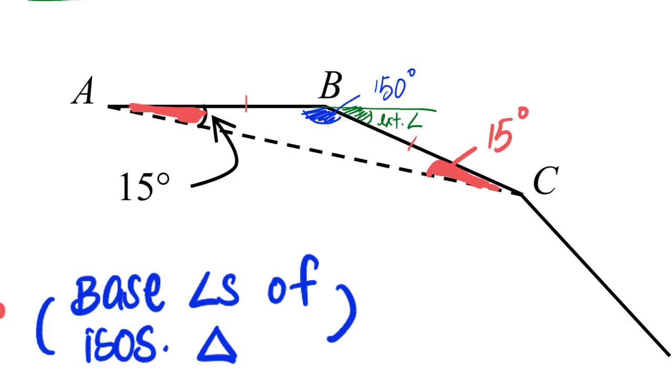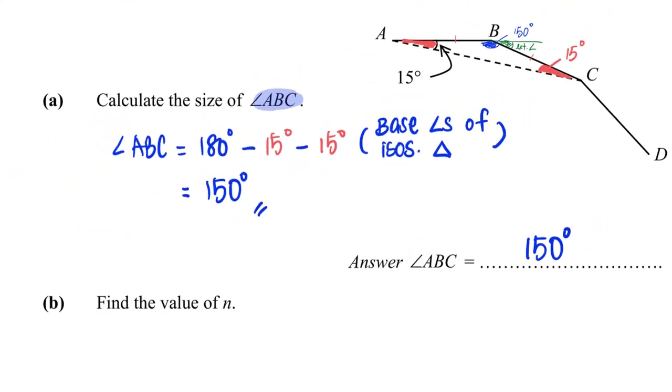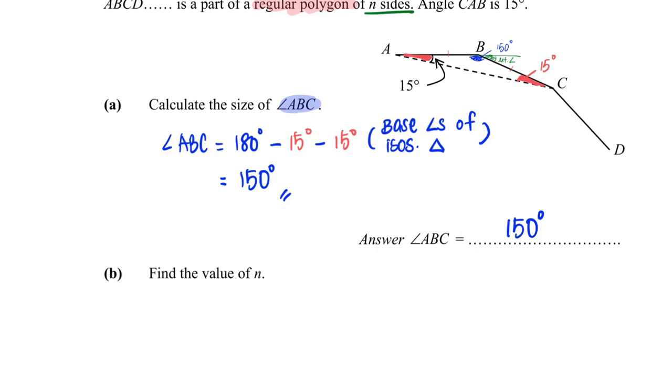Interior and exterior angle add up to 180 degrees. Okay? And therefore, step 1 for this, now that I know the interior angle is 150, exterior angle of this polygon would then be 180 minus the 150 degree.